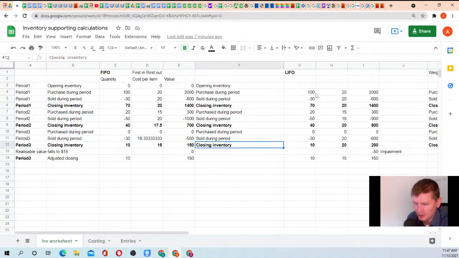In LIFO, our closing inventories will be valued at a value which approximates our earliest purchased inventory. So you see we purchased first inventories at 20 and our closing inventory is valued at 20. In FIFO it will be the opposite. Our closing inventory will approximate in value our most recent purchase of inventory. Here we bought it for 15 and our closing inventory is valued at 15.